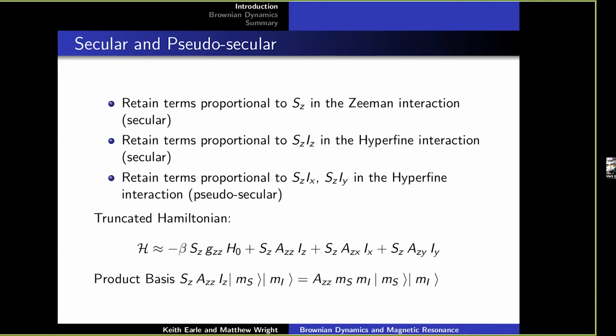And these additional terms affect how the system recovers back to equilibrium once it's been perturbed. And you'll notice that there's this S_z I_x dependence and this S_z I_y dependence.